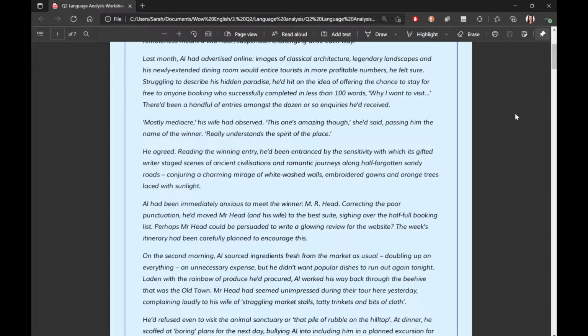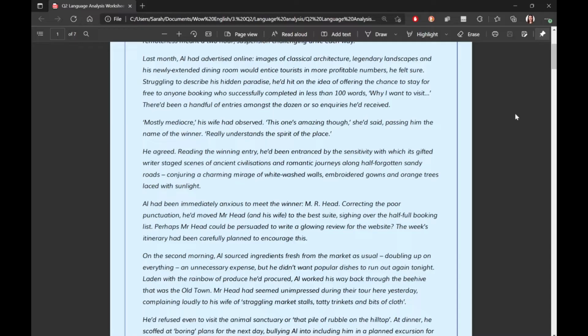Al had been immediately anxious to meet the winner, Mr. Head. Correcting the poor punctuation, he'd moved Mr. Head and his wife to the best suite, sighing over the half-full booking list. Perhaps Mr. Head could be persuaded to write a glowing review for the website. The week's itinerary had been carefully planned to encourage this.